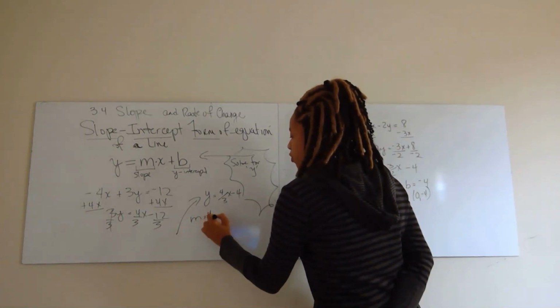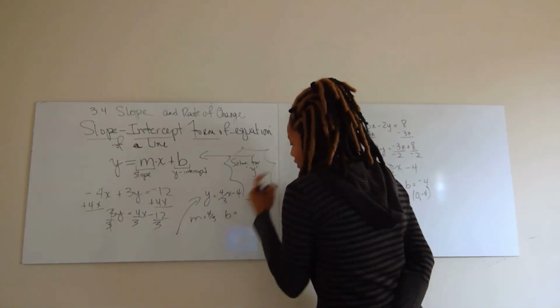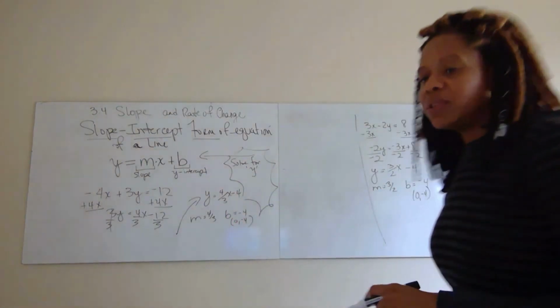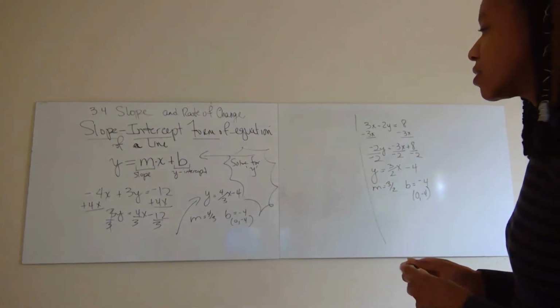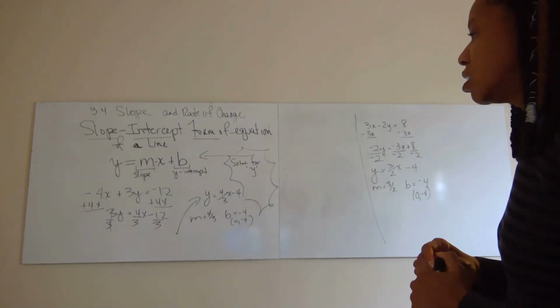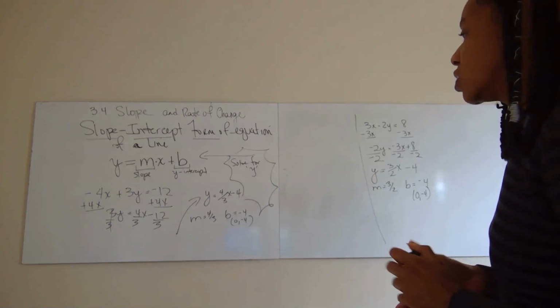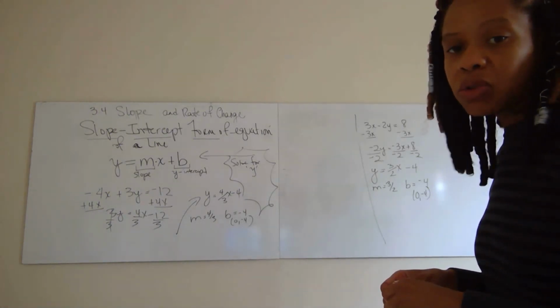So what is the slope? 4 over 3. What is the y-intercept? Negative 4. All right. So if you didn't get it, you probably messed up a sign. You didn't divide properly, or something simple and small. Okay.